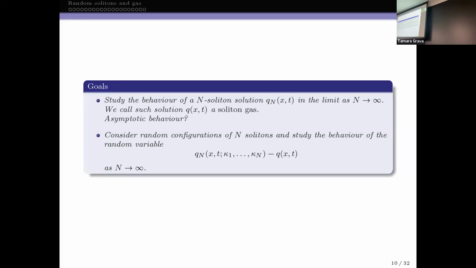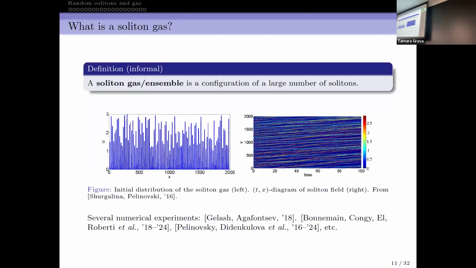So I have to select this Q, which is interpreted as the limit as n goes to infinity of this random variable. Okay, so why do we study this large set of solitons? There is a whole recent literature in the last 10 years where, on average, you don't know the initial data in a lot of situations, and so people decide to study the behavior of large sets of solitons.